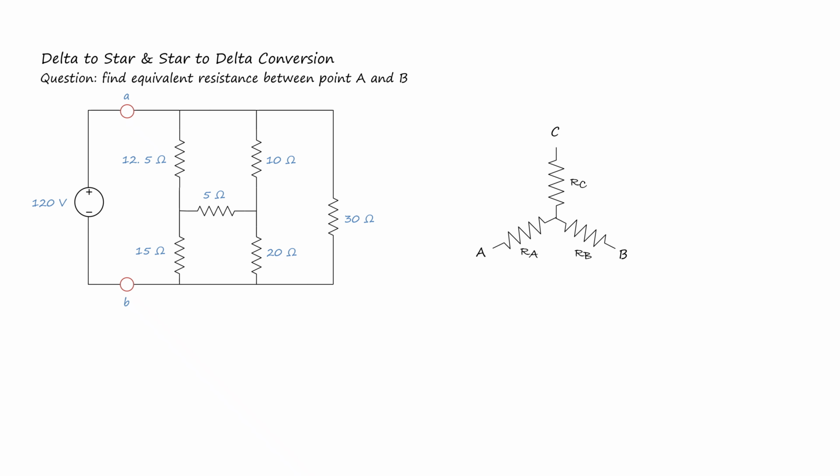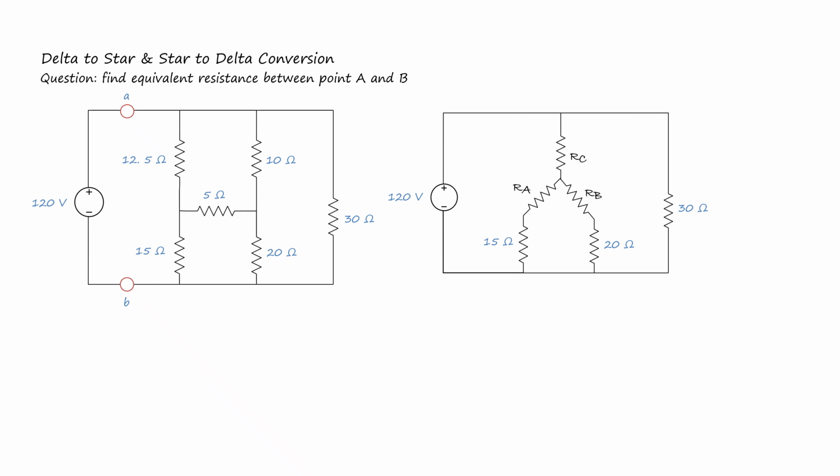The delta resistors are R_AB equal to 5 ohms, R_AC equal to 12.5 ohms, and R_BC equal to 10 ohms. So when we replace delta by Y network, it looks like this.